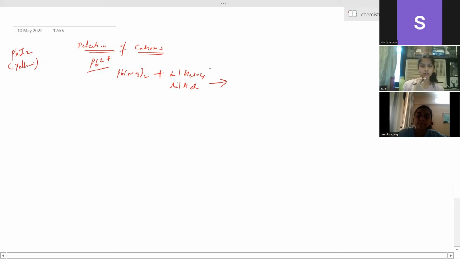So now this is the famous reaction: the more volatile acid will be displaced. PbSO4 plus HNO3, or we can write PbCl2 plus HNO3.